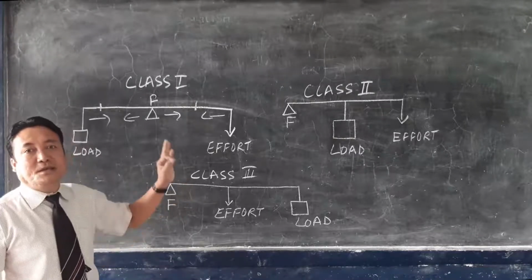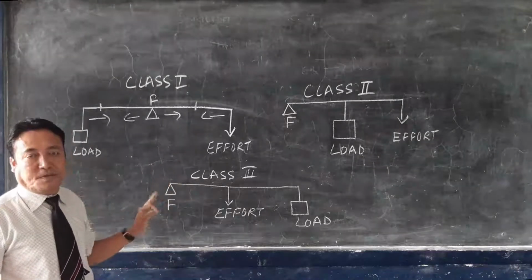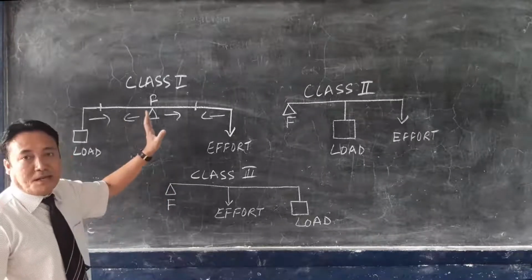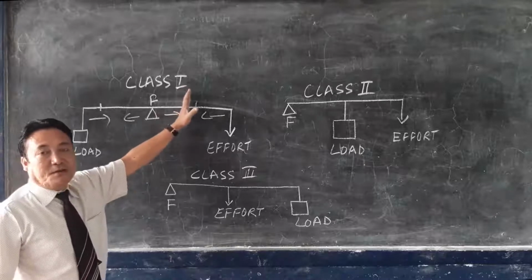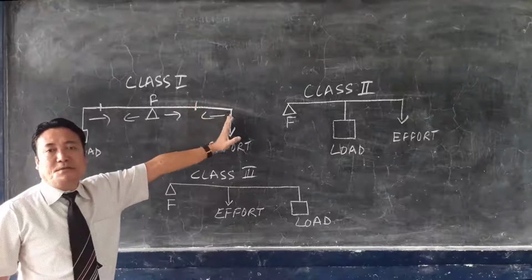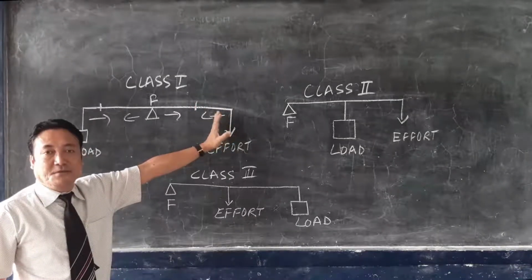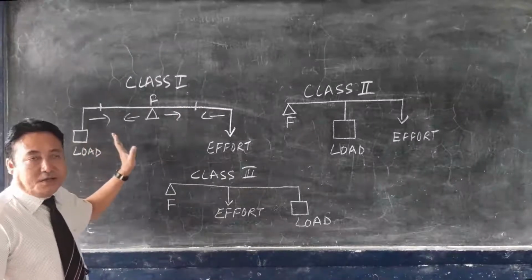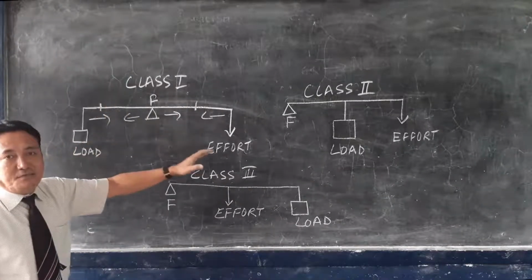Effort arm can be less than load arm. Another point: how can the effort arm be less than the load arm? If the fulcrum is near the effort, then the distance between the fulcrum and the effort becomes less. So effort arm will become less and the load arm will become more. Or load arm can be less than the effort arm.